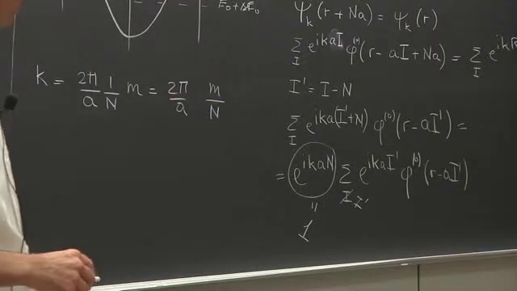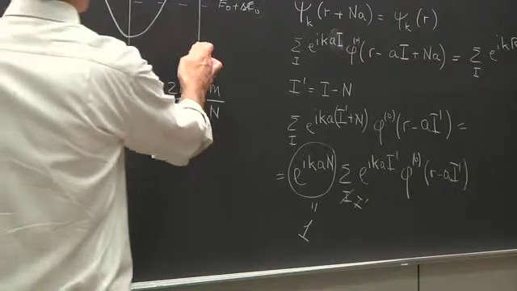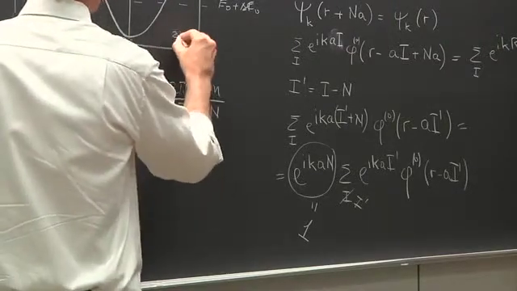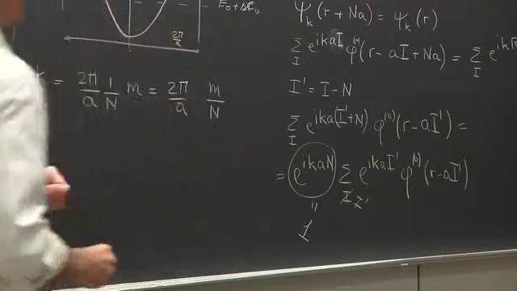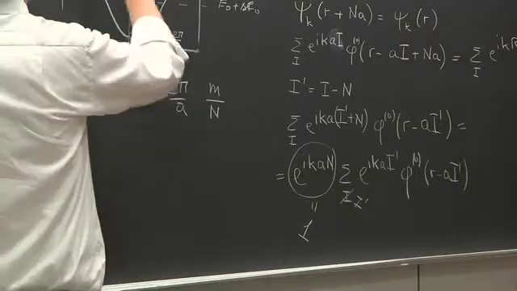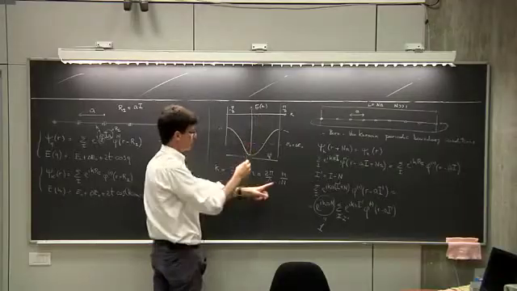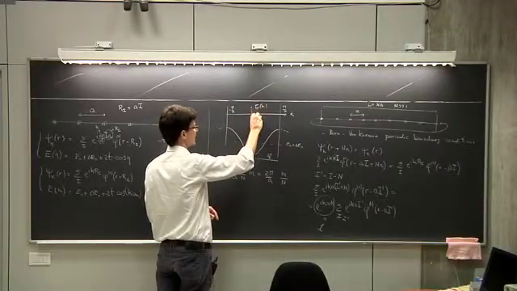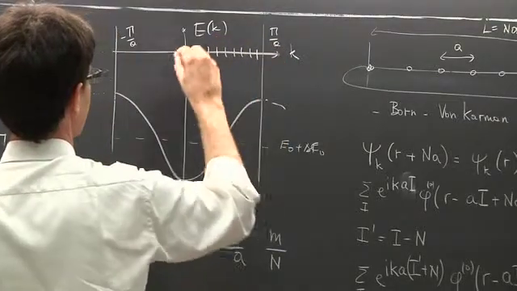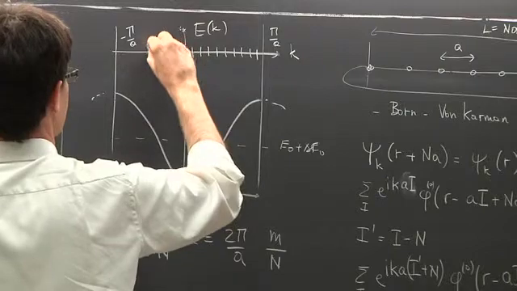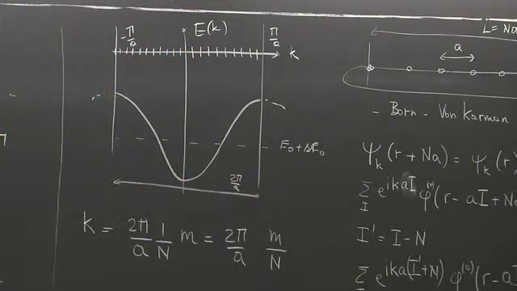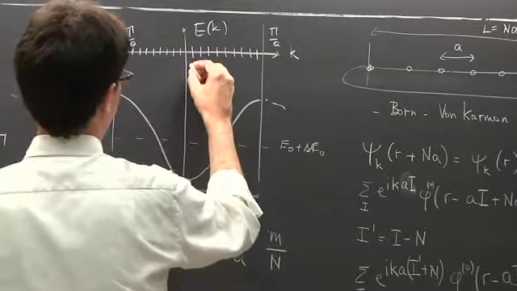Okay? So in other words, if this is 2 pi over a, the total length of this is 2 pi over a, for example. What I'm doing here, if N is large, is slicing this object in very small slices like that, and accepting only specific values of k.